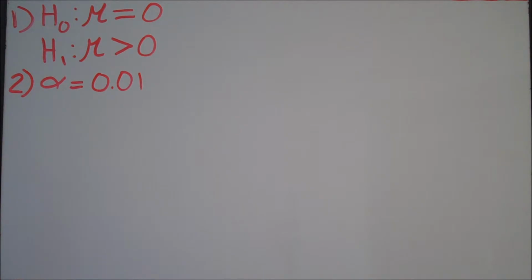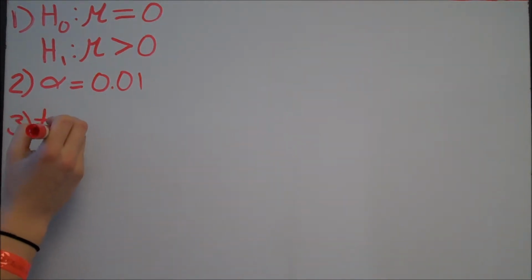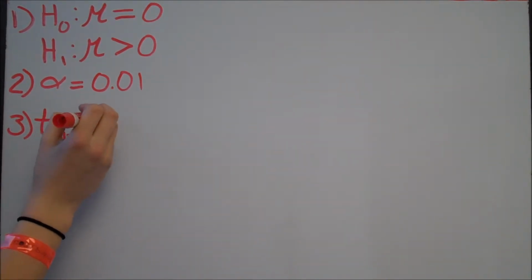The third step is to identify our test statistic. Because we're talking about a population mean, where the population standard deviation sigma is unknown, our test statistic will be t sub n minus 1.